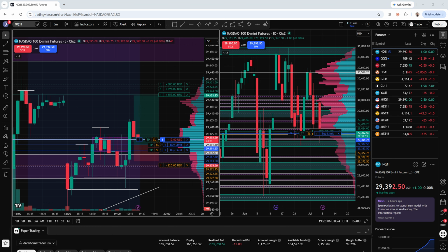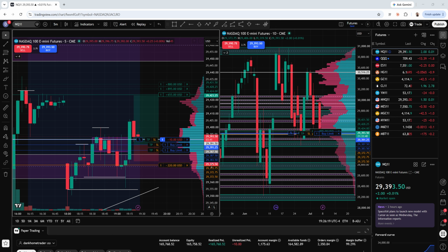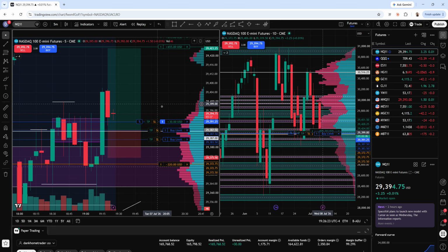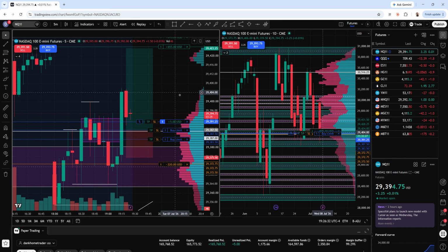So now we just wait. See if we get another entry. And if we get another push up, then we could look for another entry if it retests this level again.